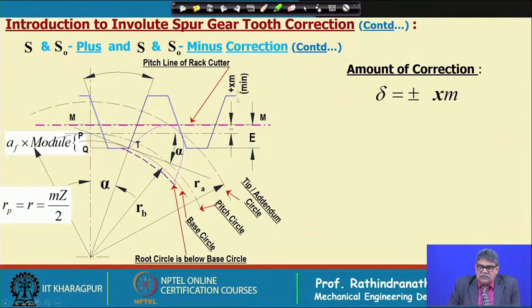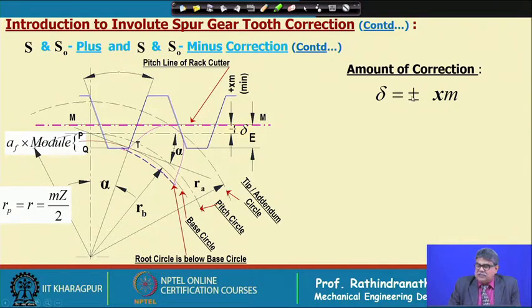Now, the amount of shift delta is equal to plus or minus x m. Plus is for plus correction, that means when we are not allowing the cutter to go to the full depth of cut, that is called plus correction. This means that in case of an external tooth, the center distance of the cutter and the gear being cut will be more by the delta amount.